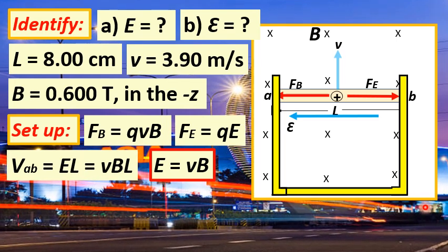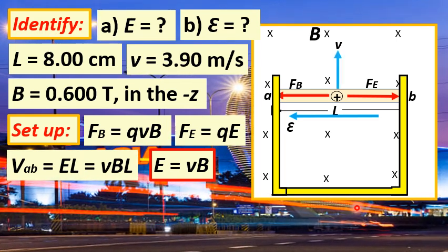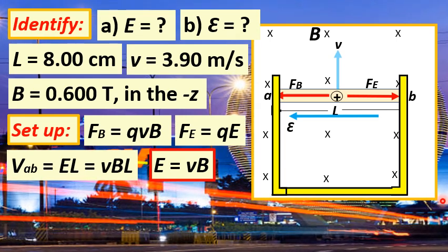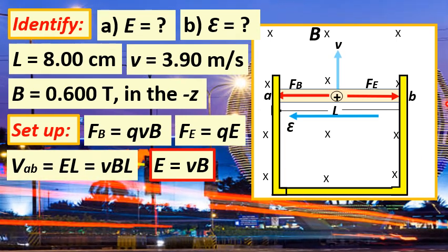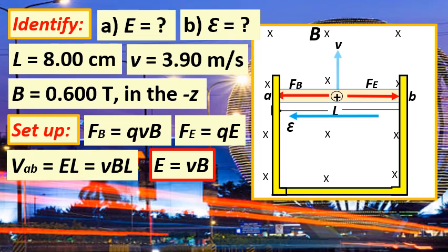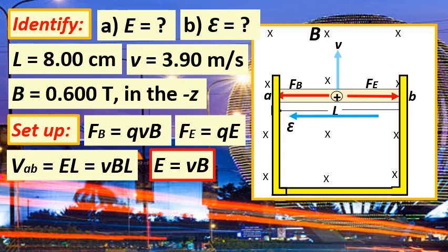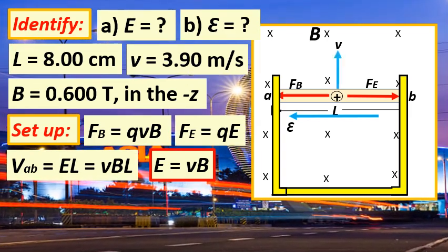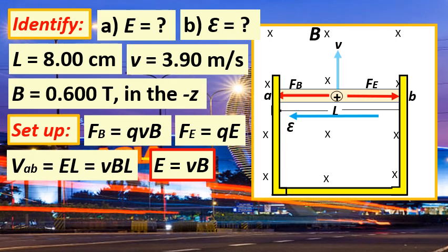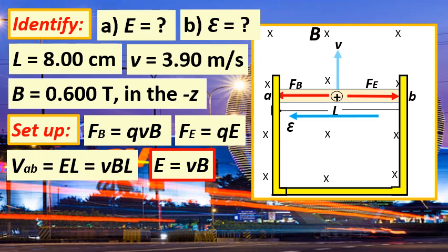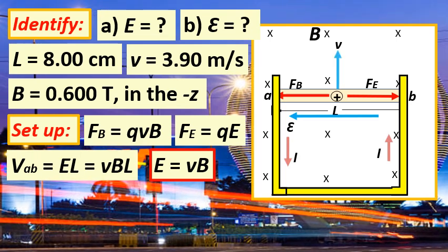No magnetic force acts on the charges in the stationary U-shaped conductor, but the charge that was near points A and B redistributes itself along the stationary conductor, creating an electric field within it. And this field establishes a current in the direction shown.